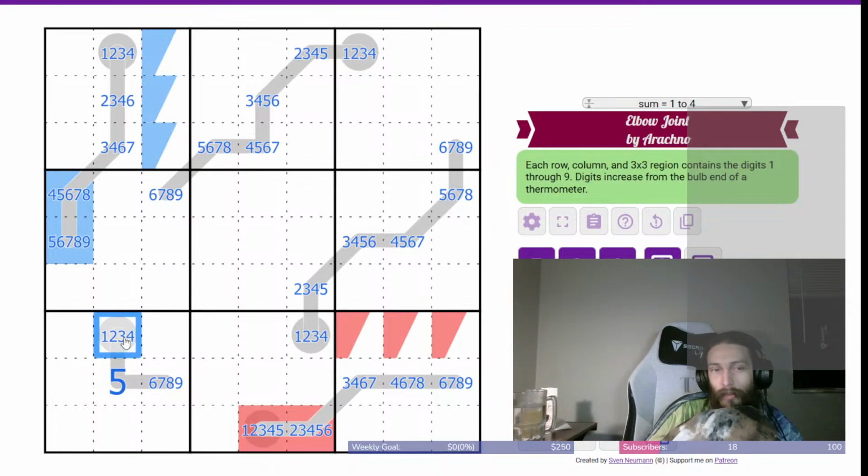The only way this works as 4 is if this is 4. Right. Wait, no. That's not necessary at all.